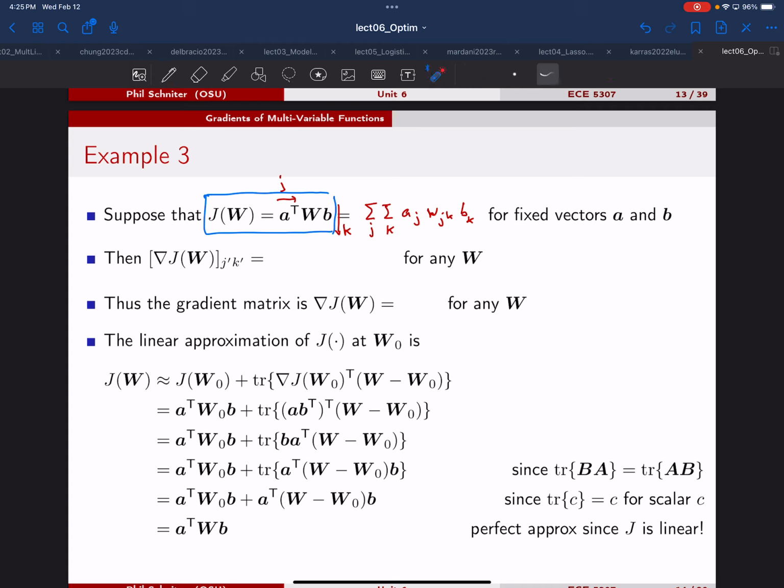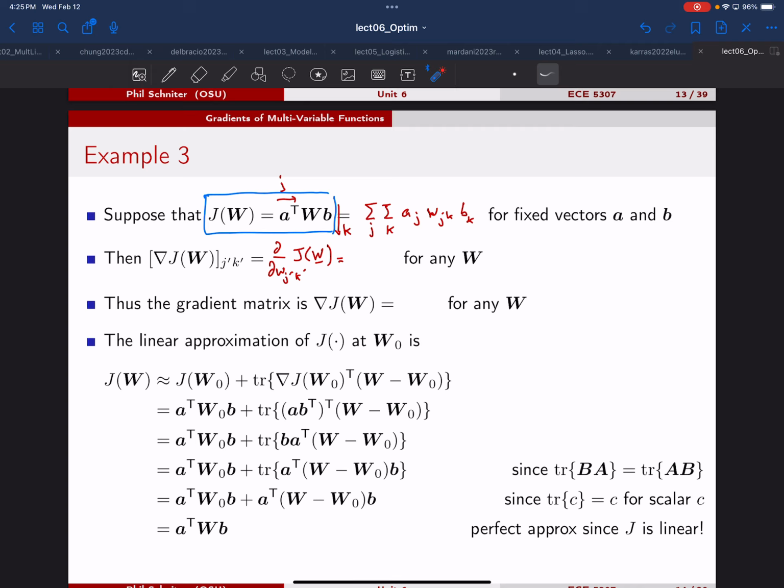And the reason we're doing this again is we're now exposing these scalar entries, and now we can go back to the definition. What is the j prime k prime entry of the gradient? It's just going to be the derivative with respect to w j prime k prime of this cost, J of matrix W. And so now that we've written the cost this way, it should be relatively straightforward to see how to compute this scalar derivative.